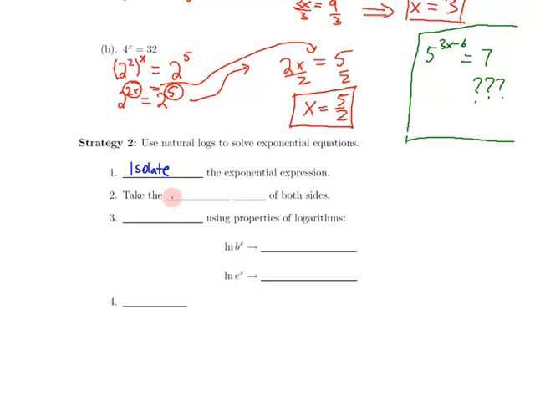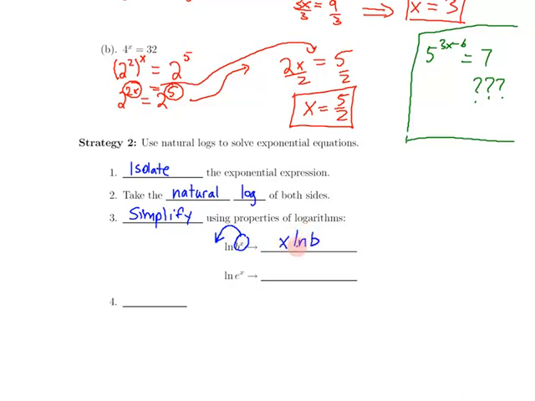Then take the natural log of both sides. Now we're going to simplify using the properties of logs. And the most important property is that power rule that says if I had that variable up in the exponent, it pops out and lands in front, x natural log of b.